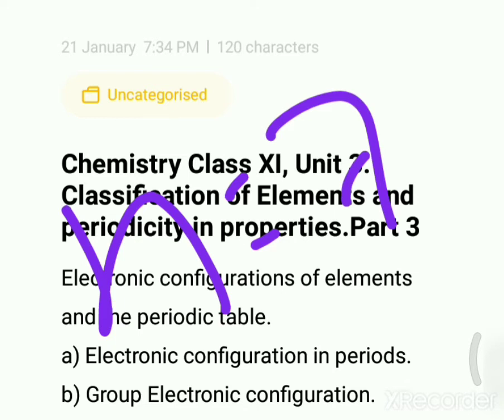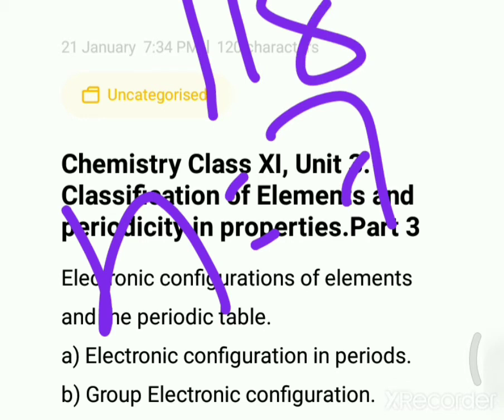This period ends with atomic number 118, the last atomic number in the seventh period, which belongs to the noble gas family.